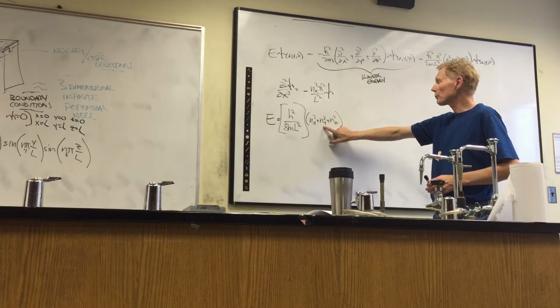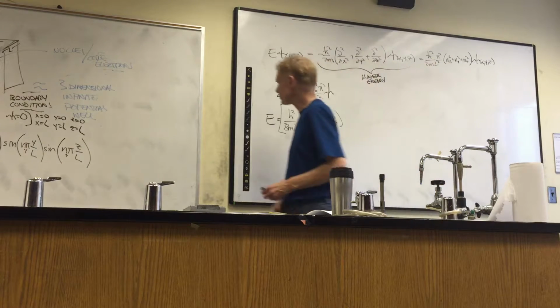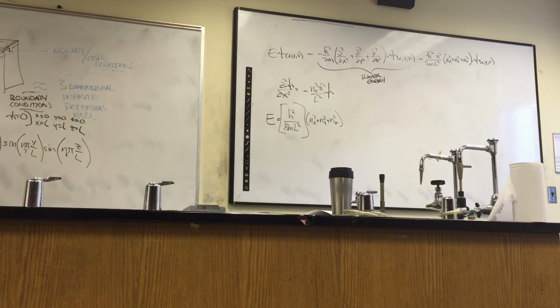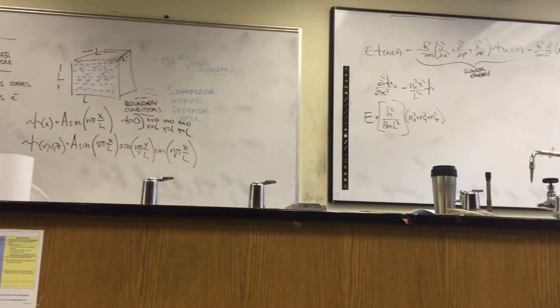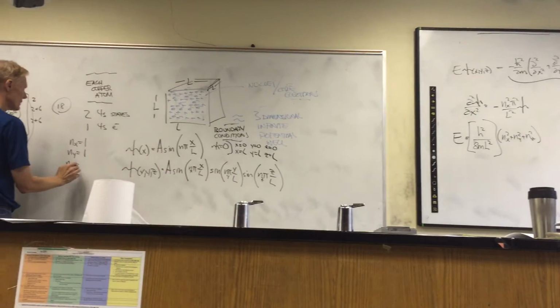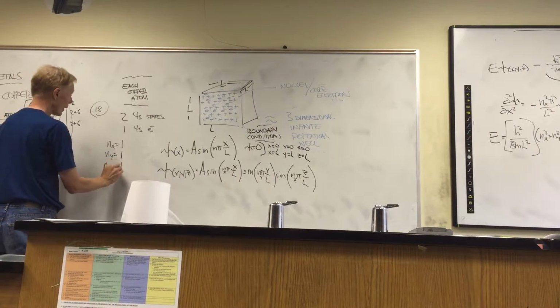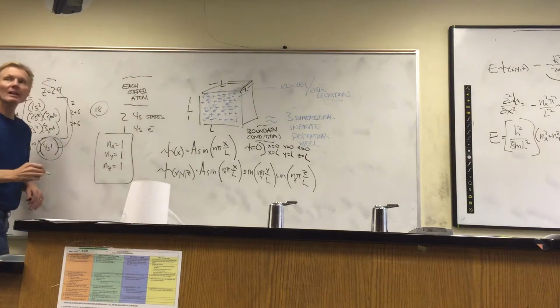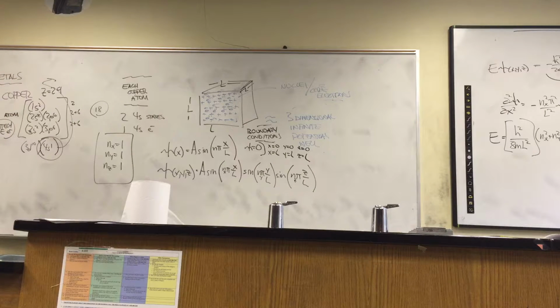Now this actually does complicate things because, let's go back and look at this. If I had a wave function in here where nx was equal to 1, ny was equal to 1, and nz was equal to 1, that would be my lowest energy quantum state. What would it look like?